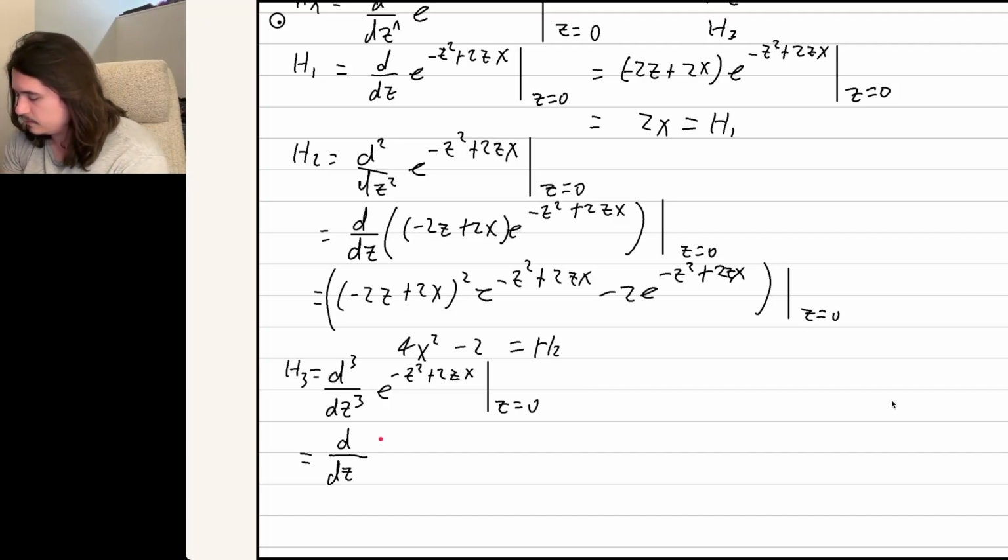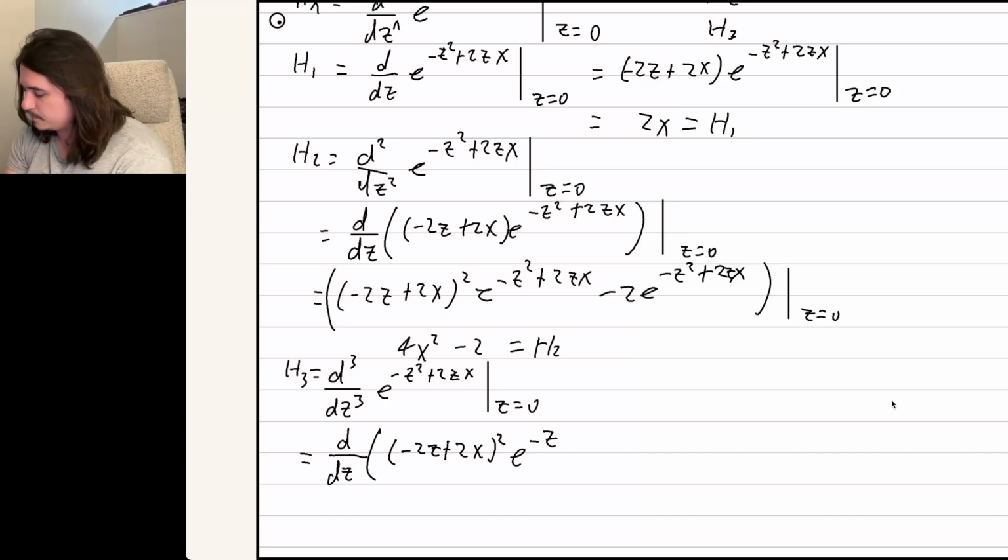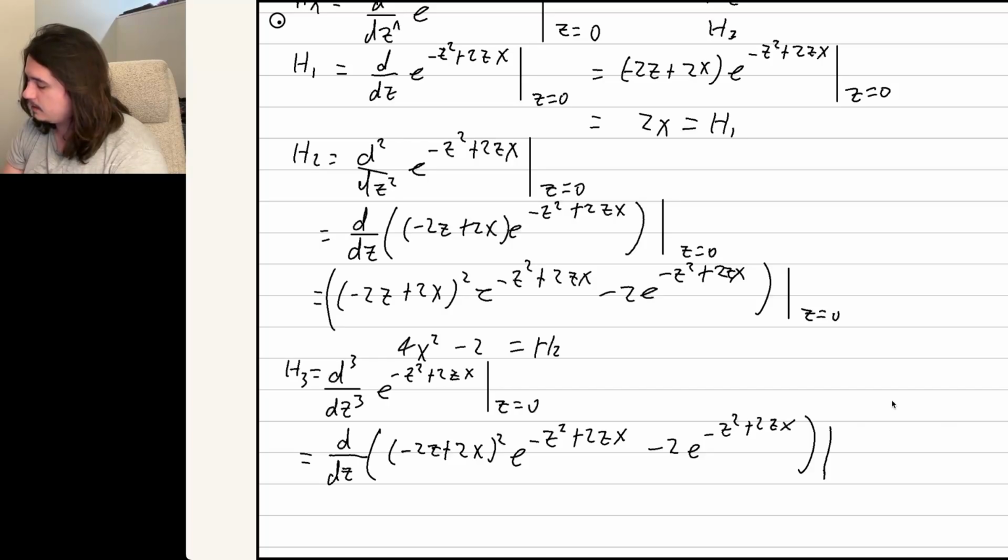So it's the first derivative of minus 2z plus 2x squared e to the minus z squared plus 2zx, minus 2e to the minus z squared plus 2zx, evaluated at z equal to 0.